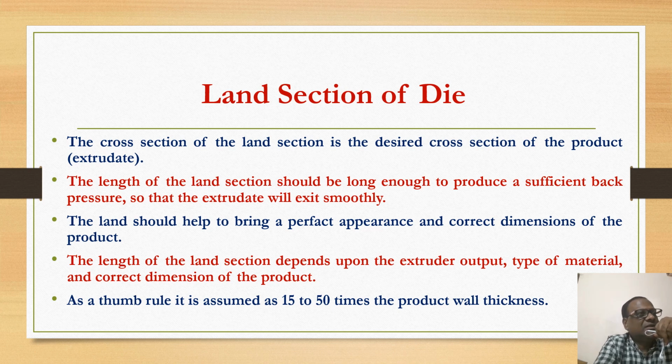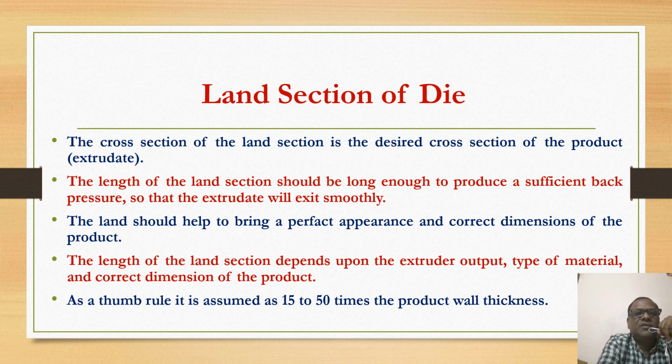The next part, because as I'm repeating for the die, there are two sections. One is the approach section, the other one is the land section. So in the approach section the area is continuously reduced, but in the land section it is constant.